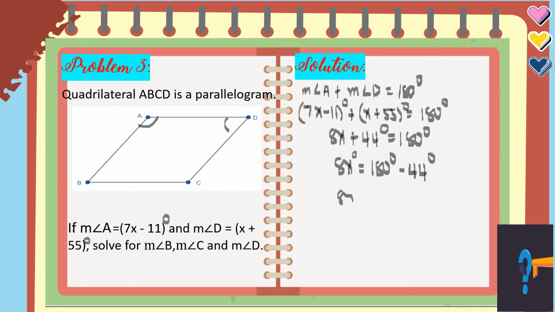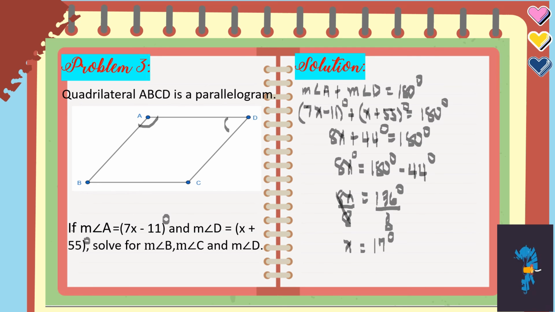So we have 8x equals 180 degrees minus 44 degrees. That is equal to 136 degrees. So to solve for x, we divide this by 8. So x is equal to 136 divided by 8. That is equal to 17 degrees. Now we have to solve for the measure of angle B, angle C, and angle D.